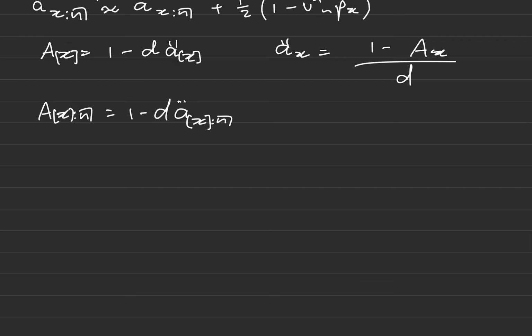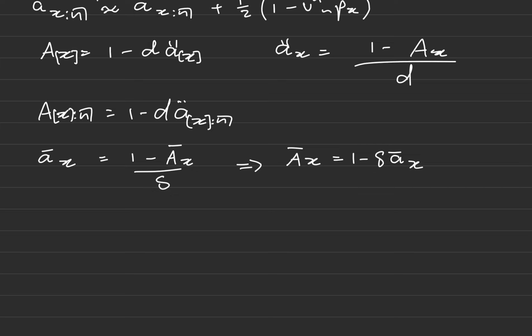Then we have the same general rule applying for continuously payable annuities relating to assurances that are payable immediately on death. So this is the intuitive way to think about it, which just relates to ā_x = (1 − Ā_x)/δ, where delta is the force of interest here.